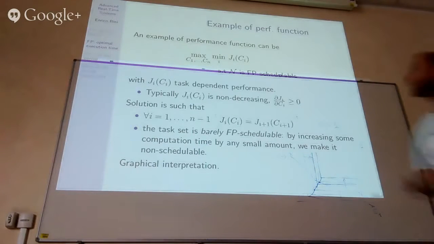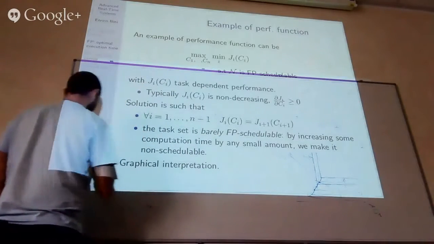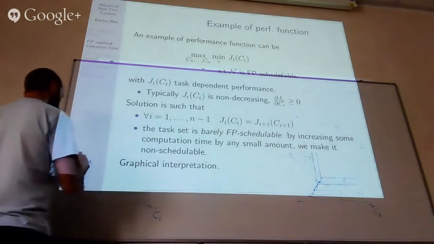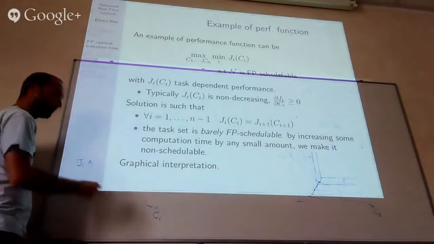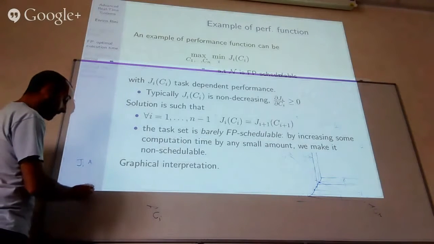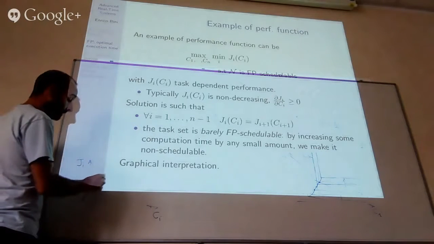So, for example, let's say that your performance has to do with a numerical routine. Typically, if you do not execute, you have low accuracy. When you execute for some time, you have some accuracy, but maybe you saturate.